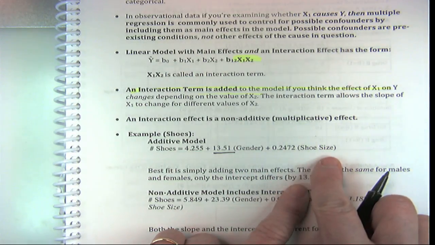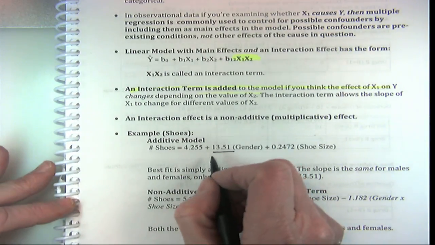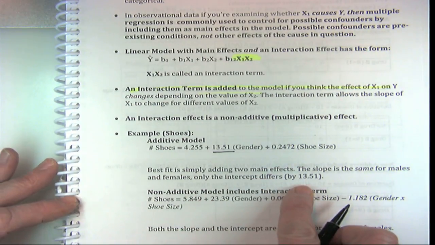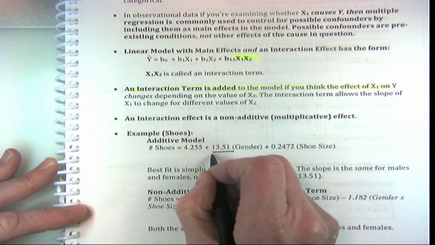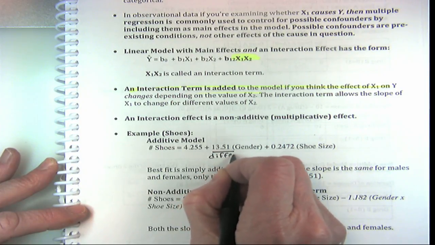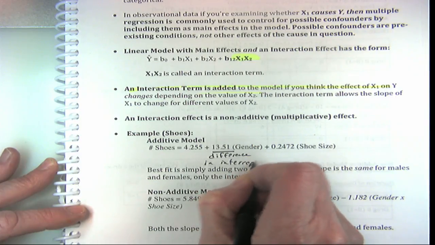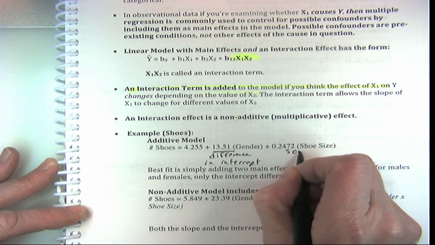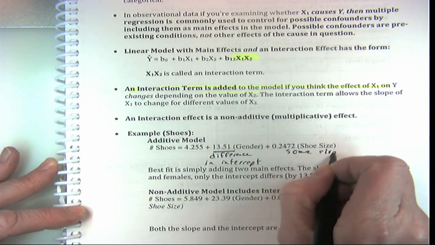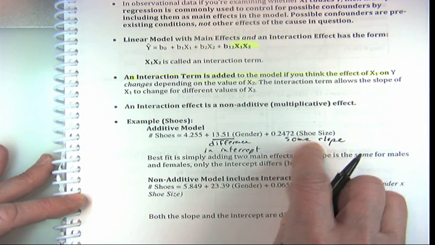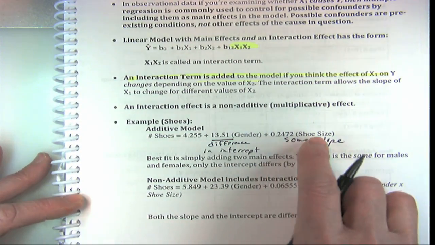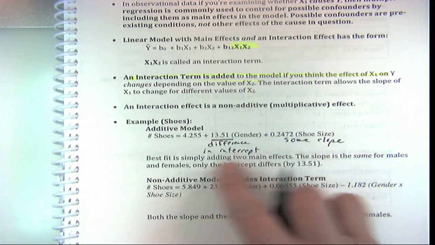But we had the same slope. So this showed that the intercepts differ by that amount. This would be the difference in intercepts between the two groups. But they have the same slopes without an interaction term. Without an interaction term, you're going to get the same slopes for these two groups.